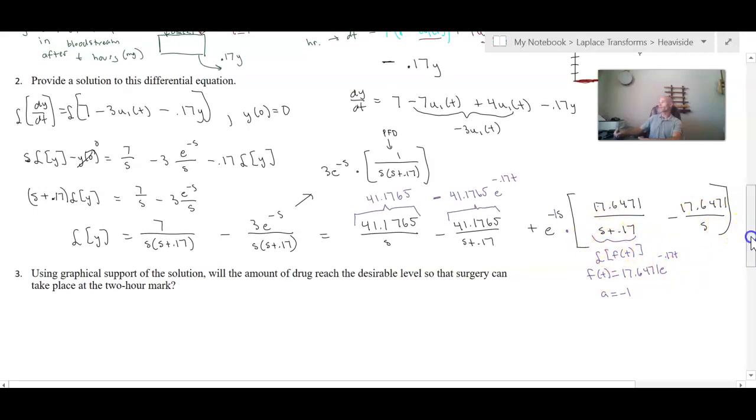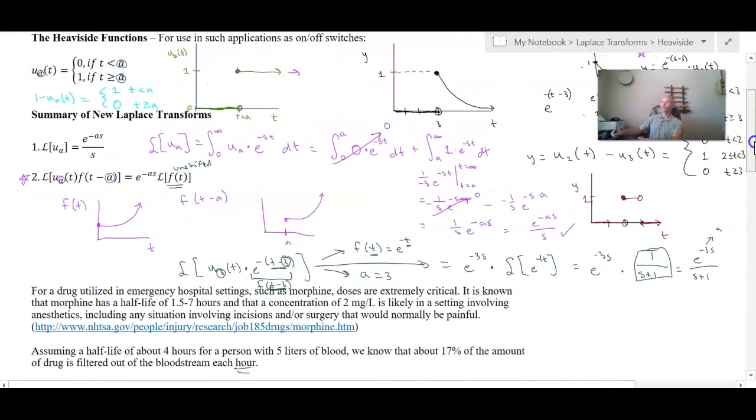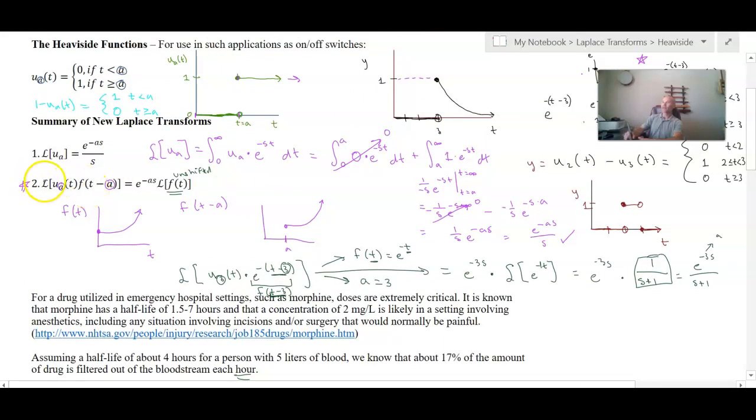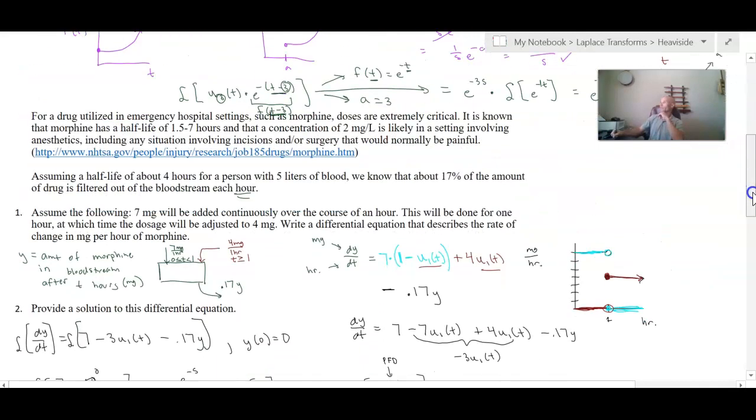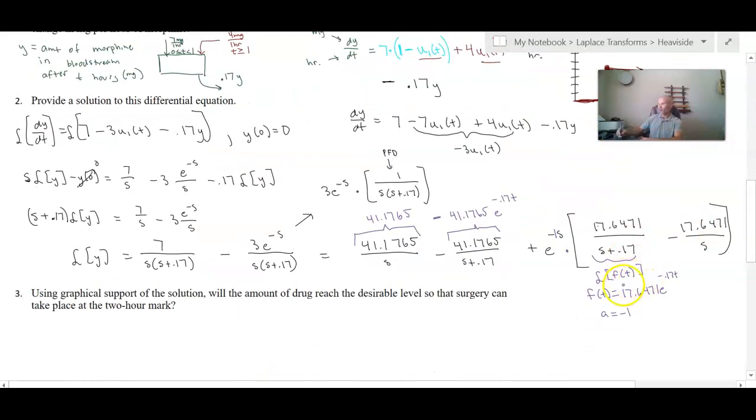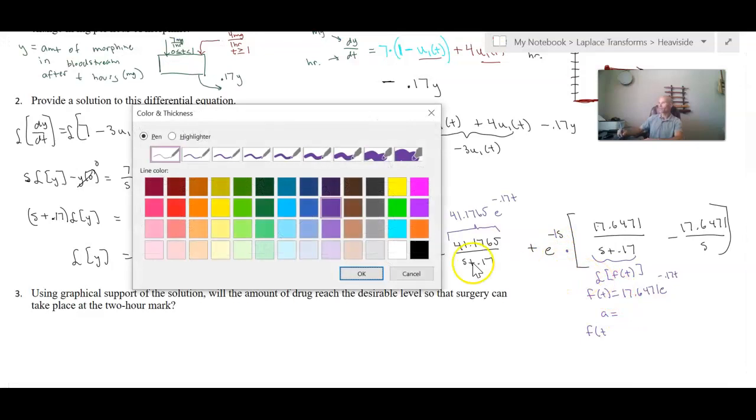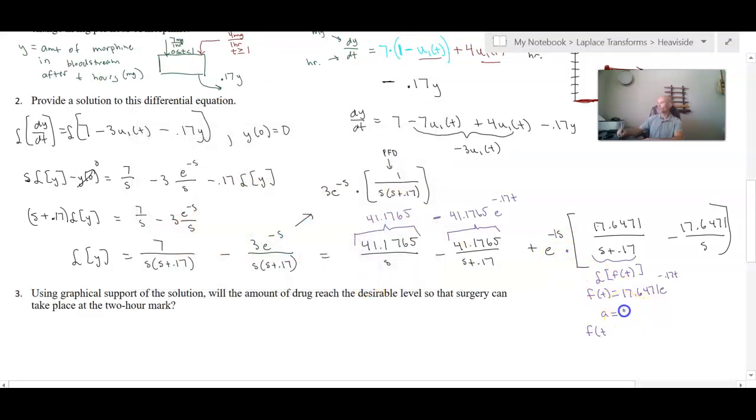We know that to invert that whole thing, it's going to be u sub a, so u sub 1 of t, times the function with t minus 1 plugged in. Okay, so f of t, I'm sorry, a is not negative 1, a is positive 1. It's e to the negative as. So a is the opposite of the sign of what's in the exponent. So this is just 1.